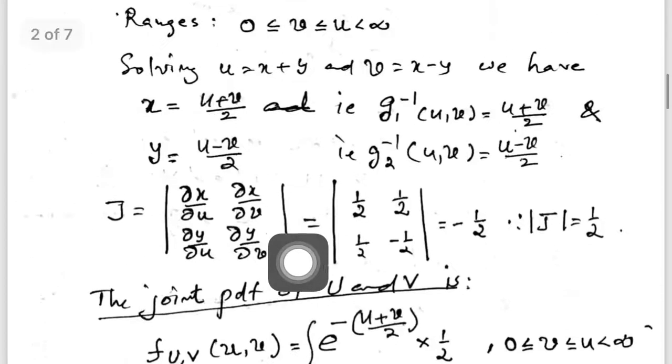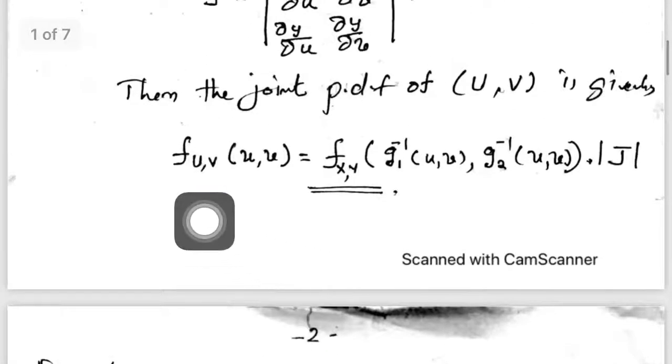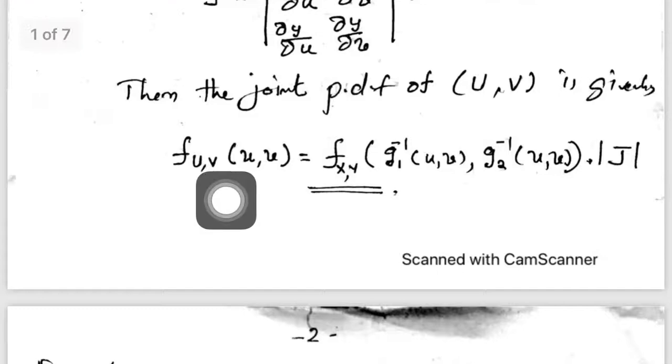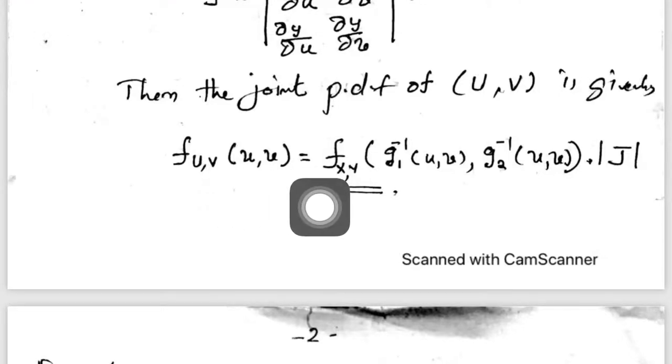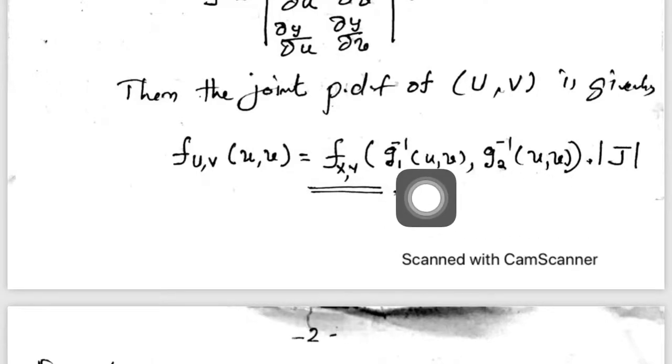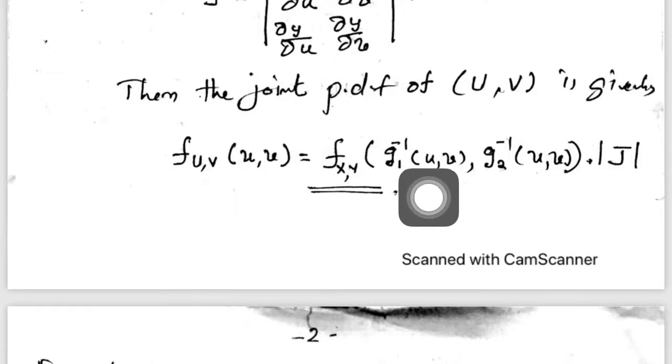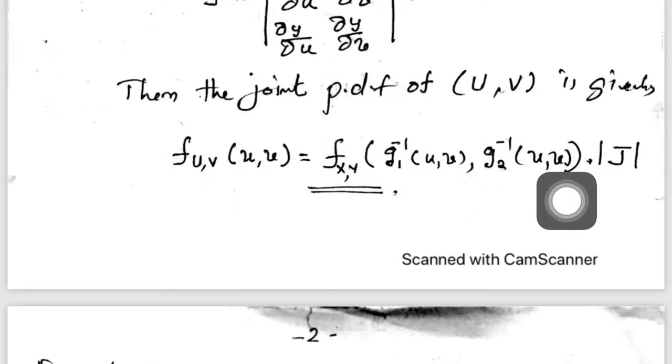Now you can utilize the formula. What is the formula? f_UV(u,v) is equal to the joint density of x and y with the arguments g1 inverse of (u,v) and g2 inverse of (u,v). You have found what g1 inverse and g2 inverse are, and the Jacobian.